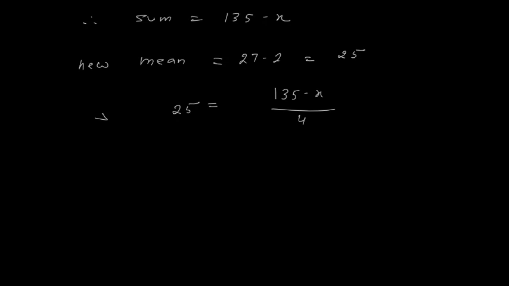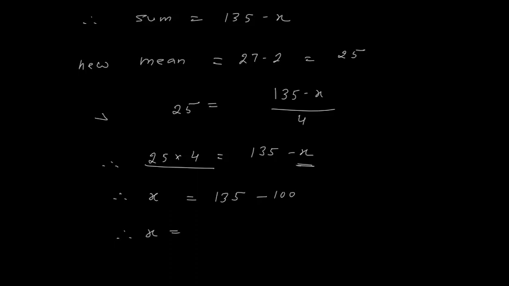Therefore 25 into 4 equals 135 minus x. I will bring the minus x to the left, it will become x. Here it is 135, and the 25 into 4, that is 100, I will bring to the right. So x equals 135 minus 100, which is 35.